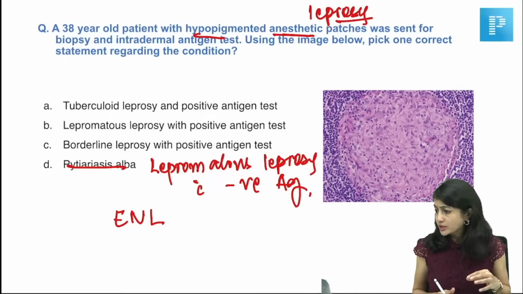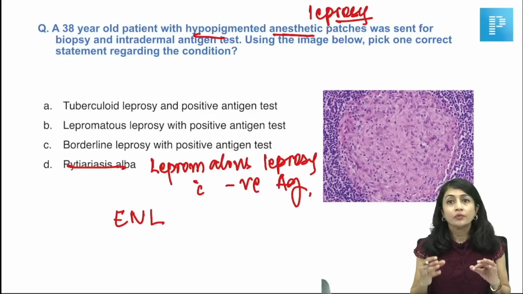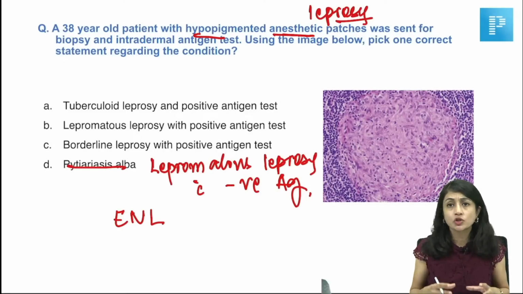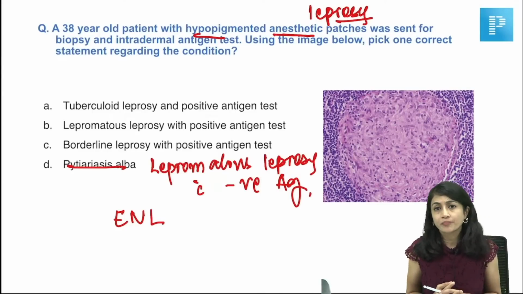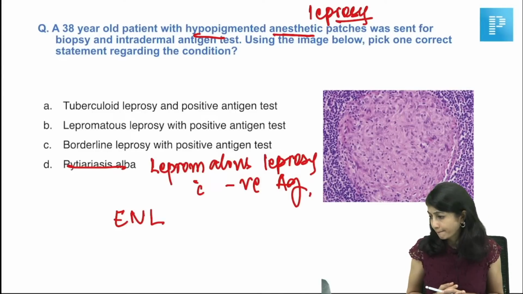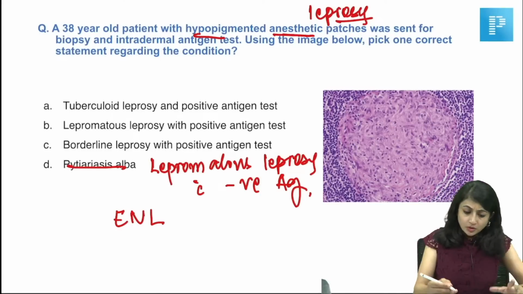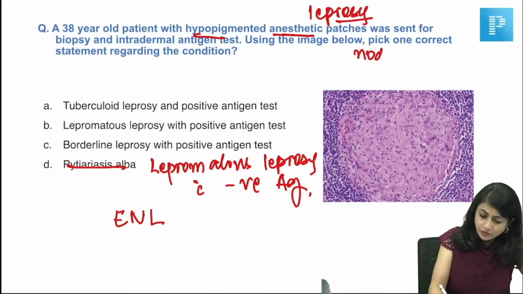Okay, what was the image given? Was it a histopath image? Was it a clinical image? Can you help me out there? Okay, so you are telling me there were probably nodular lesions.